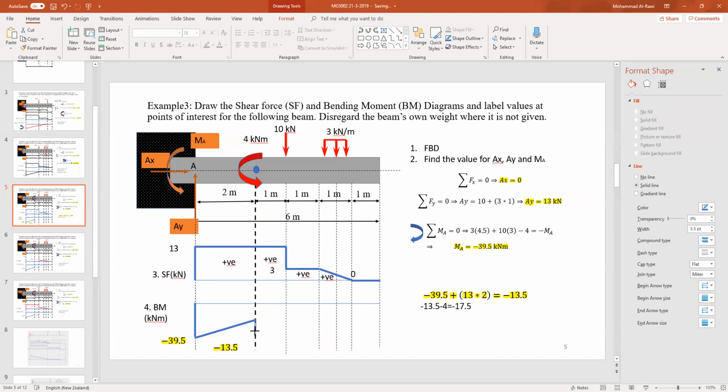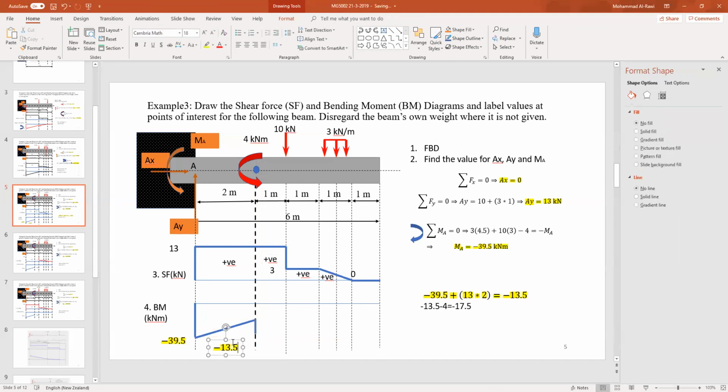So to be more precise, if this was 13.5, then I went in the negative, now kind of increase to 17.5. Now minus 17.5 plus the area, which is 13 times the distance of 1 meter, so that will be remaining minus 4.5.